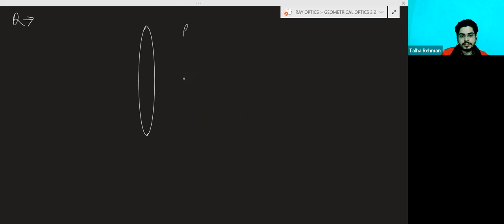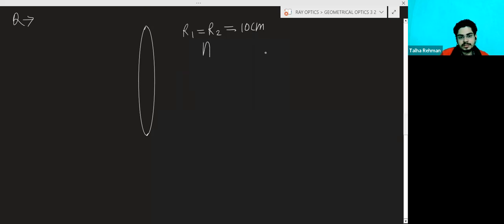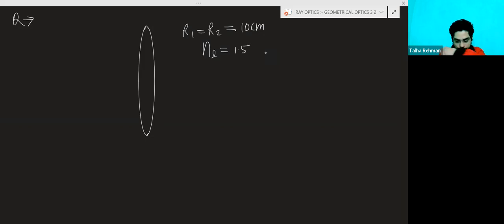The radius of curvature on both sides is equal to 10 centimeter, and the refractive index of the lens is given as 1.5.